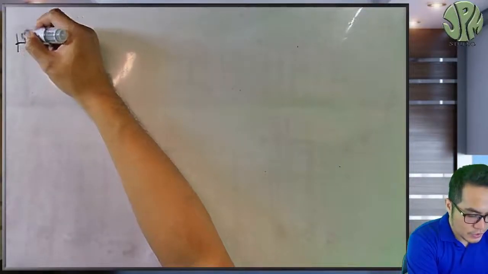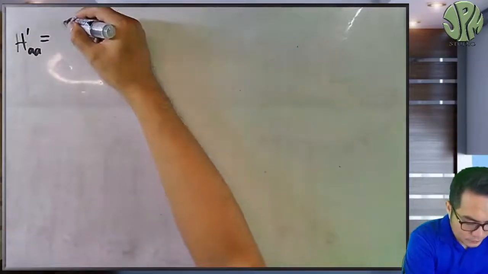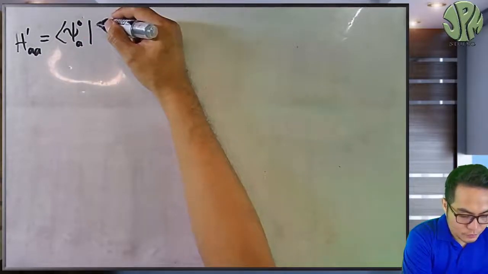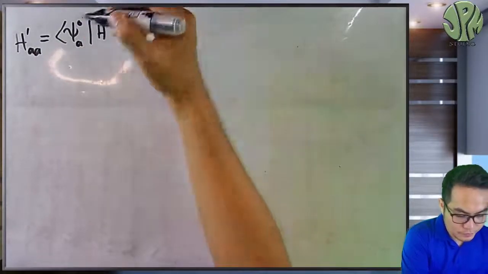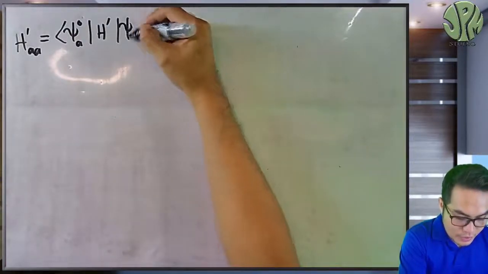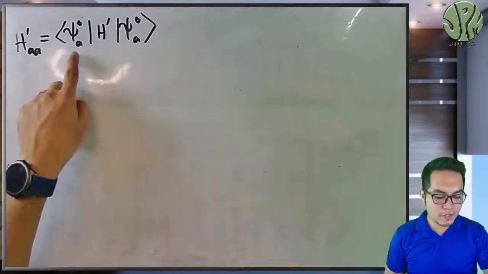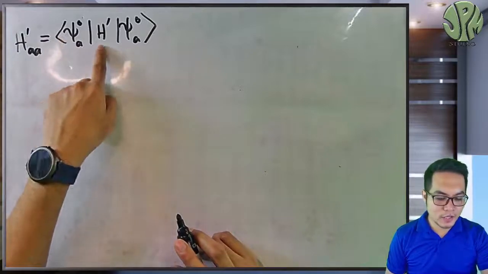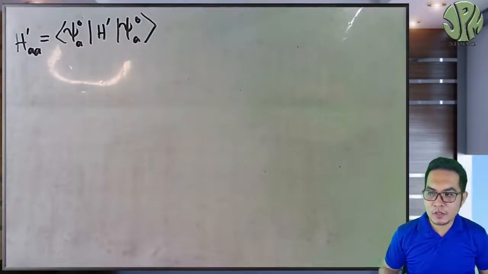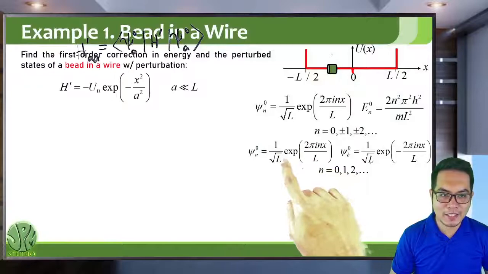So HAA prime is just equal to psi A 0, then the perturbation H prime, psi A 0. So AA means you need to take the expectation value of H prime with respect to psi A 0 and psi A 0. So psi A 0 is this one. This is our psi A 0.